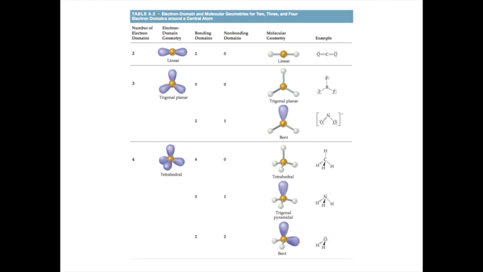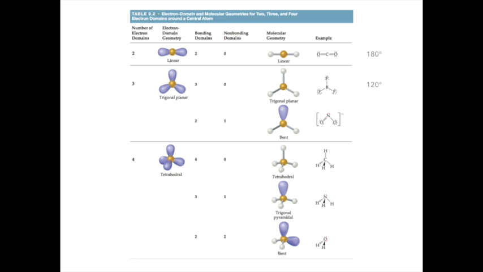And with regards to the bond angle, the bond angle here is going to be 180 degrees because it's flat. Now, if you have 3 electron domains, let's say, for example, you have 3 bonding domains and 0 non-bonding domains, like in the case of BF3, the molecular geometry is going to be the same as the electron domain geometry. And for bond angle, notice that you have 3 different angles that would make up a circle. Therefore, each of those angles is going to be 120 degrees.